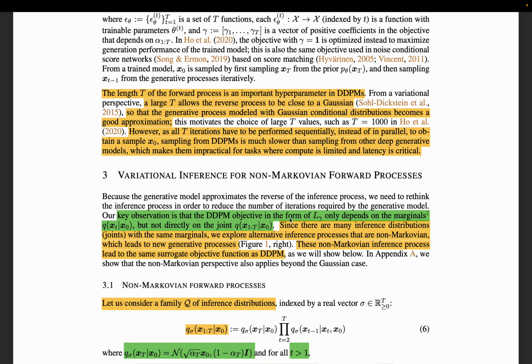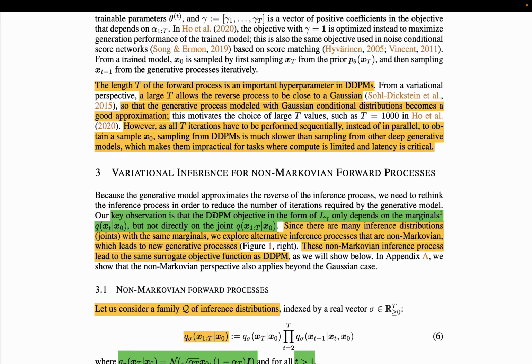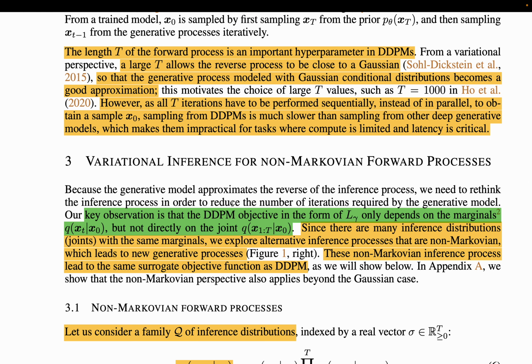So the key observation, the main takeaway from this paper, is that, as we've discussed, the DDPM objective, L gamma or L1, only depends on the marginal q of xt given x0, but it does not imply the joint distribution.